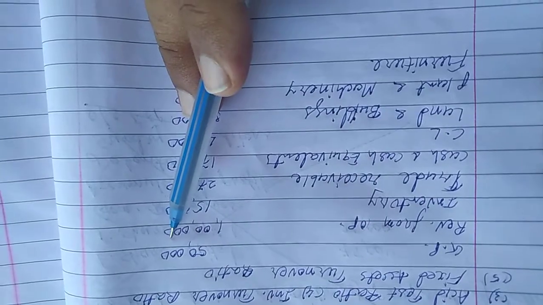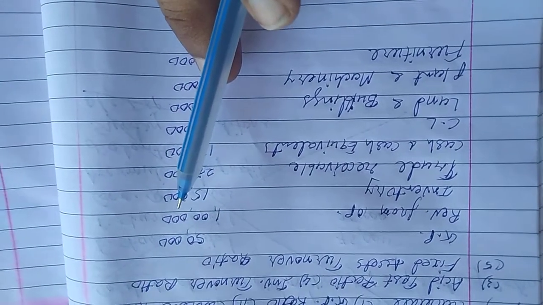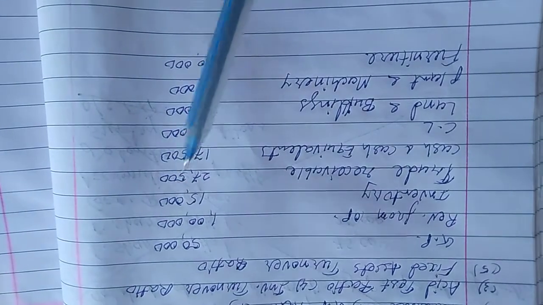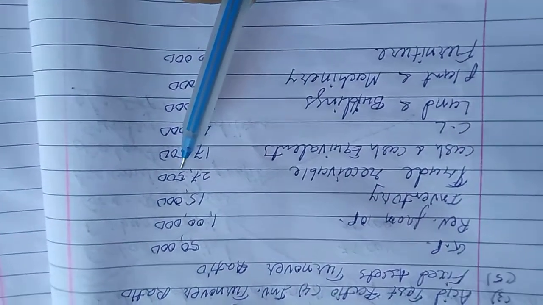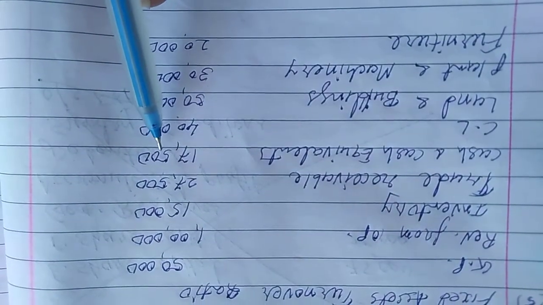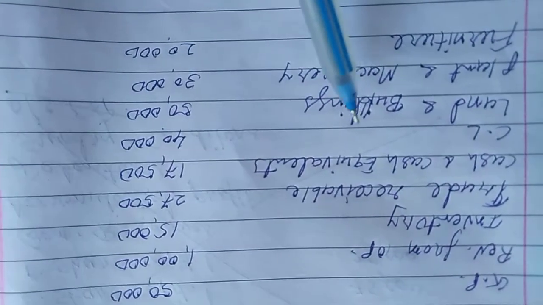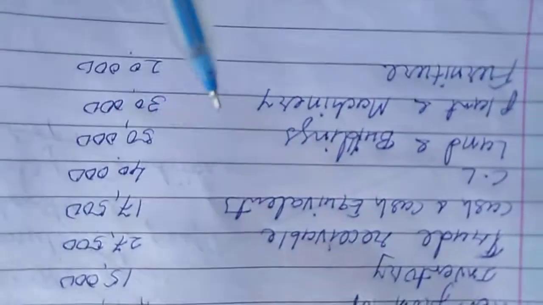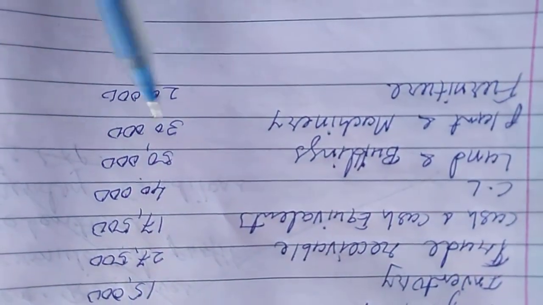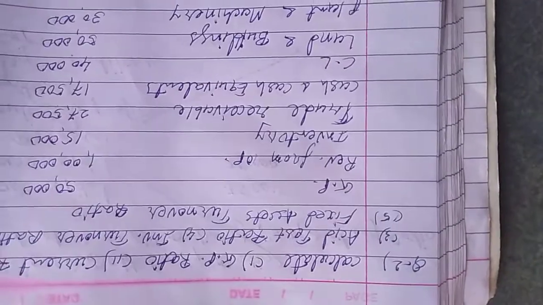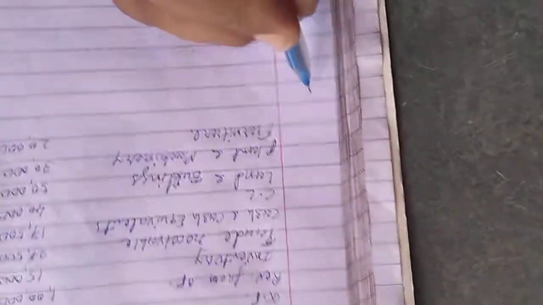Gross profit is 50,000, revenue from operation is 1 lakh, inventory is 15,000, trade receivable 27,500, cash and cash equivalent 17,500, current liability 40,000, land and building 50,000, plant and machinery 30,000, and furniture 20,000. From this information we have to find, first, the gross profit ratio.